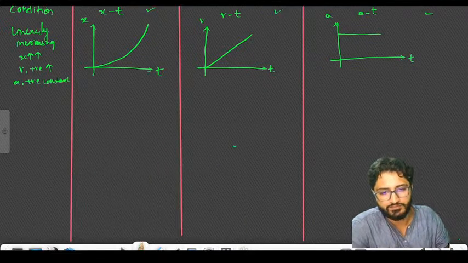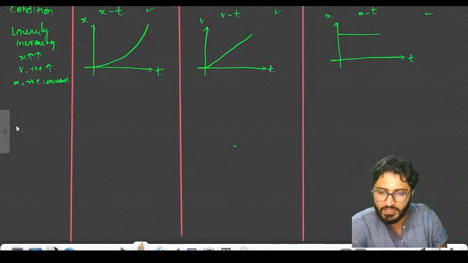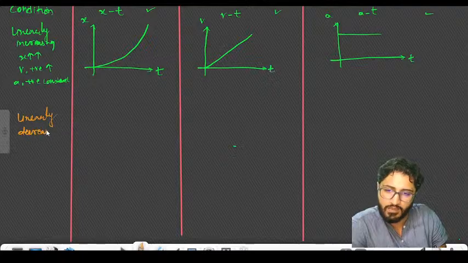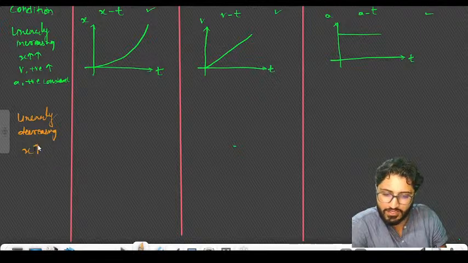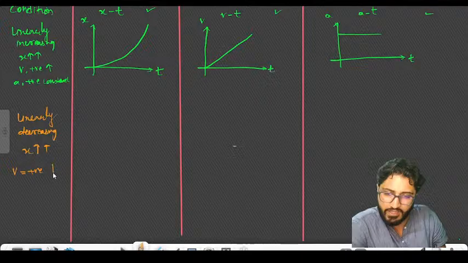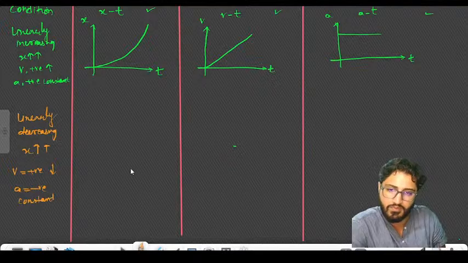Look now. So what are we having now? Linearly decreasing. X is increasing. V is positive, but V is decreasing. That means A should be negative but constant. Look here now.